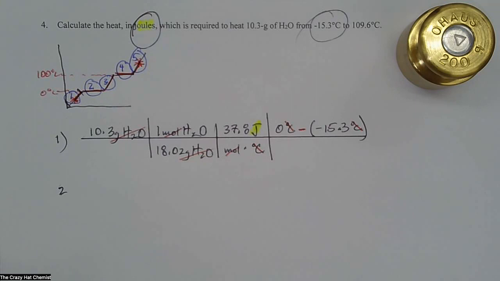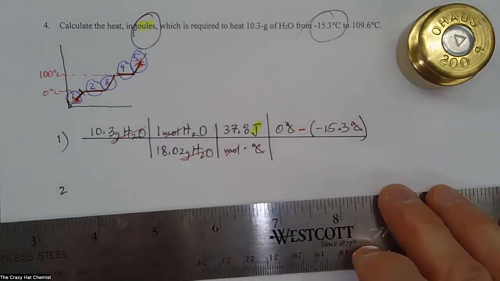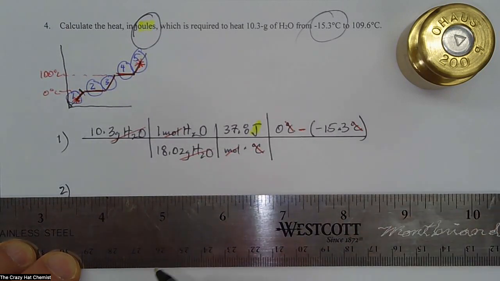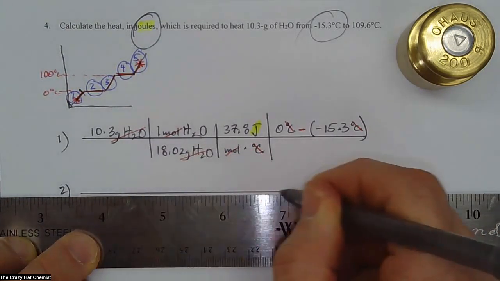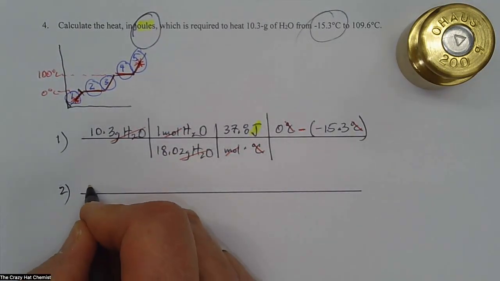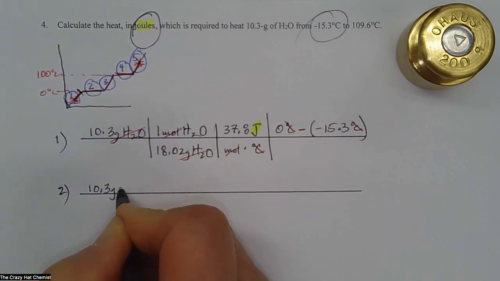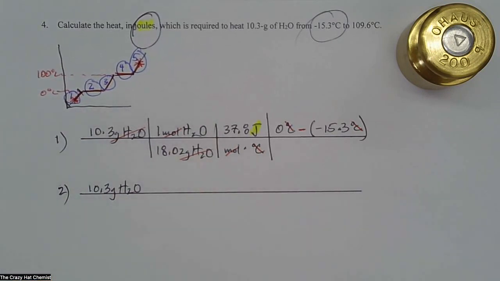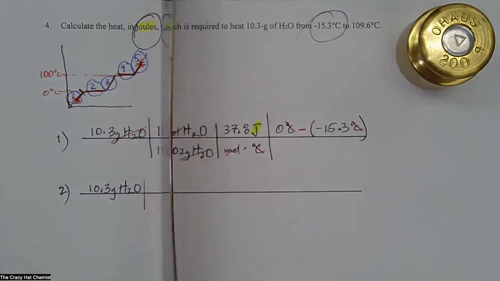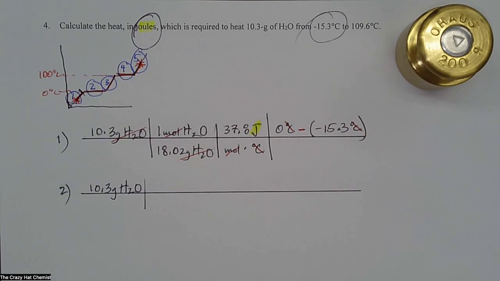So that's only step 1. Step number 2 is going to be similar, but yet different. It's going to have a different constant, and because of that, different information. You are starting with this 10.3 grams of water, and that mass will never change within this problem. The constant for this segment is the heat of fusion, in kilojoules per mole of water.